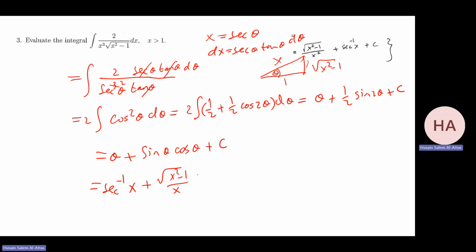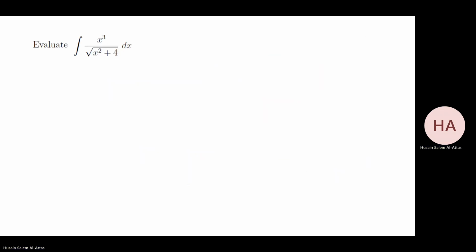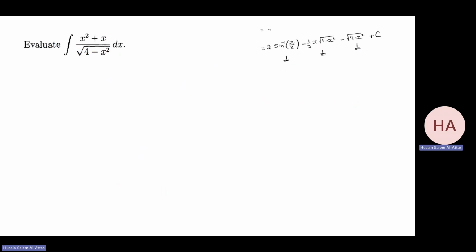And cosine is 1 over x plus. So secant inverse x over x squared plus 3, which is this one. Okay. I have x equal to sine theta. I have 3 terms. dx will be 2 cosine theta d theta.